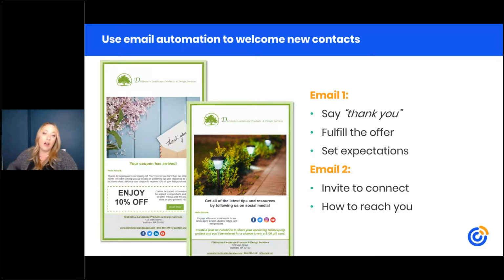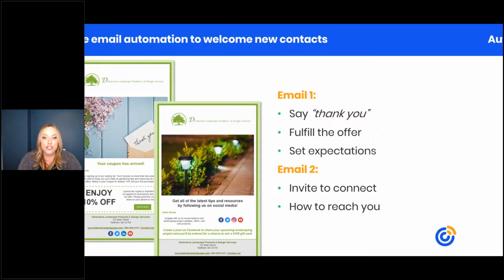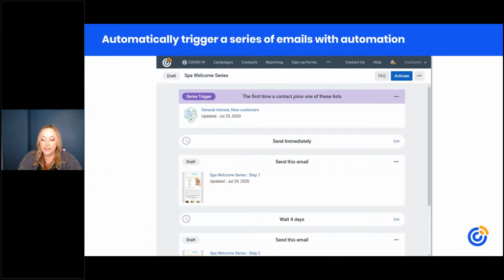But this can be automated, and actually it's very important that you send that welcome email or a welcome series. With our automation tool, you can set up one or a whole different series that triggers when somebody takes actions like joining one of your email lists. And think about using automation too, we go back to the idea of segmentation.